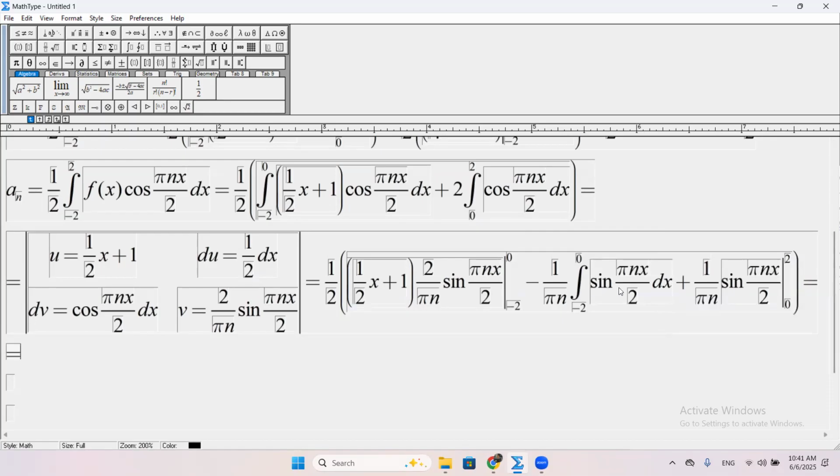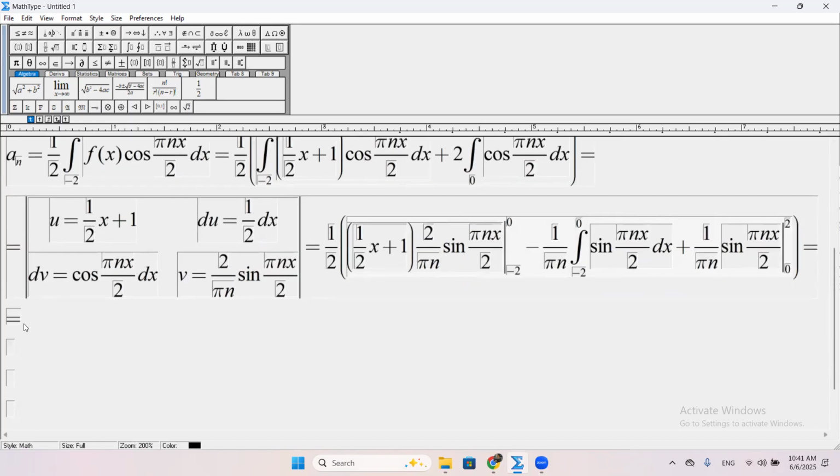Let me double check it. So here sine, here correct, sine here. Okay, and now let's look what can we simplify. So this part is cancelled, and this eliminated as well.